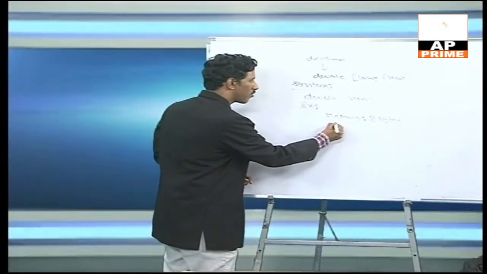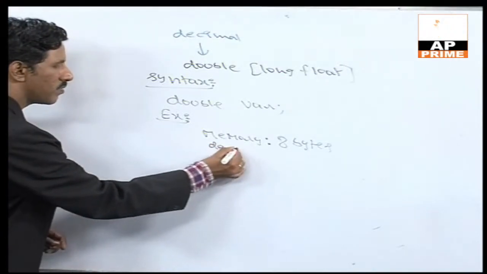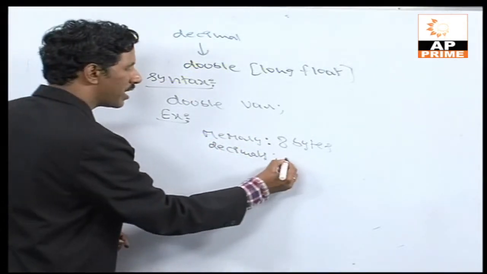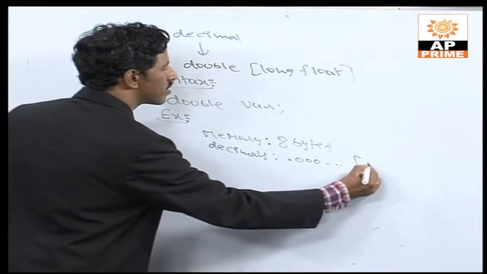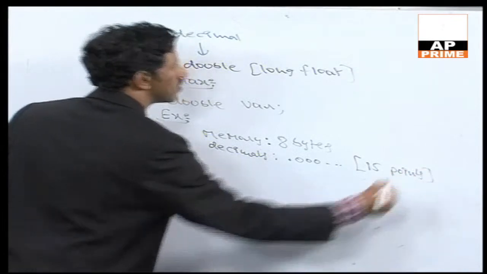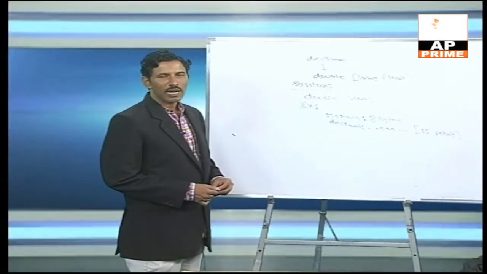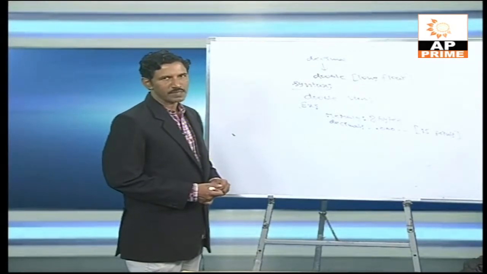When I mention the double data type, how many decimals are allowed? 0.00 like this, how many points are allowed? 15 points, 15 decimals. Under float 6 points are allowed. Under double, long float, 15 decimals are allowed.